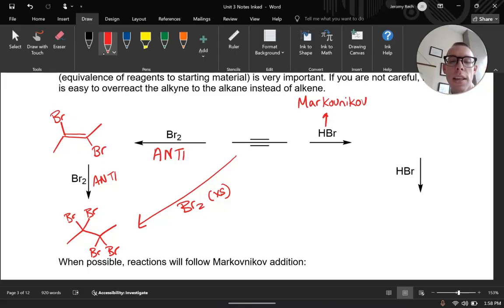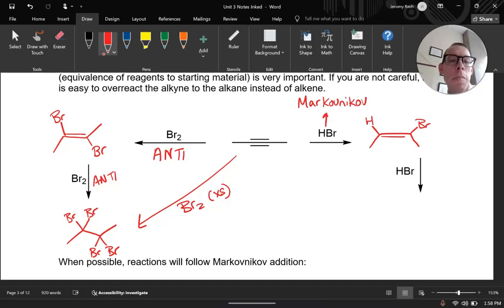Now, in this specific case, if you have an internal triple bond, there is no preference left or right, because they're both connected to a carbon. So in terms of your addition, you're going to simply put a bromine on one side and then a hydrogen on the other.